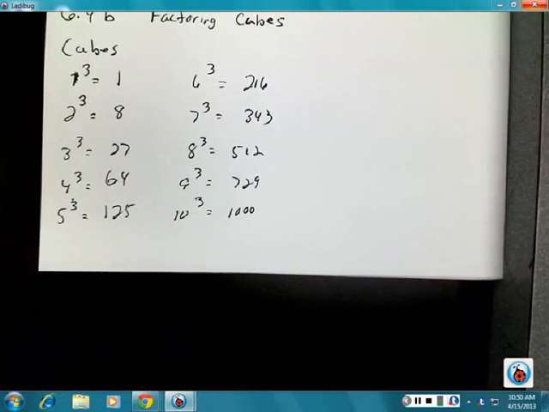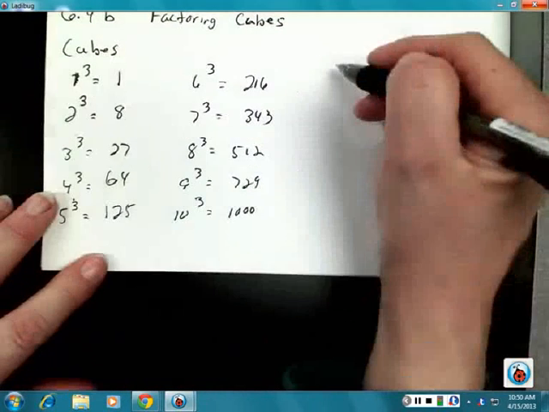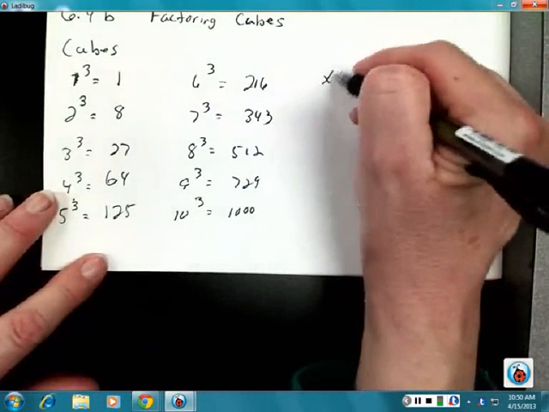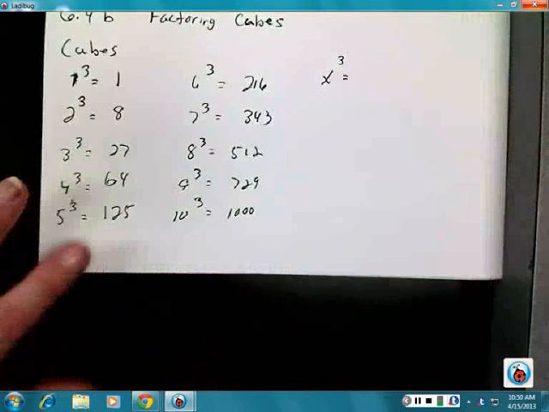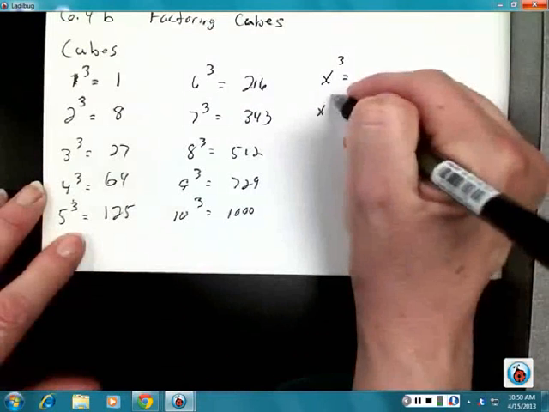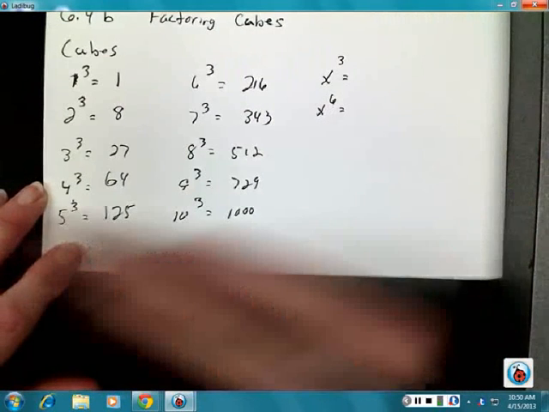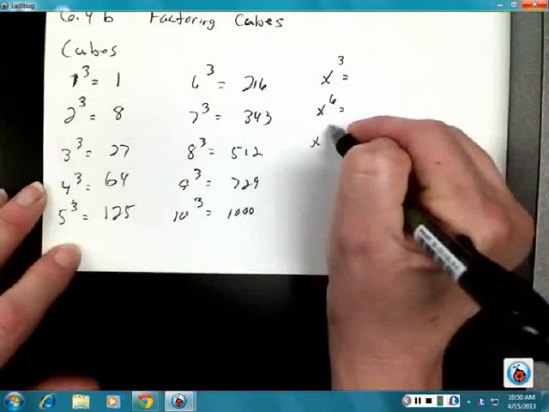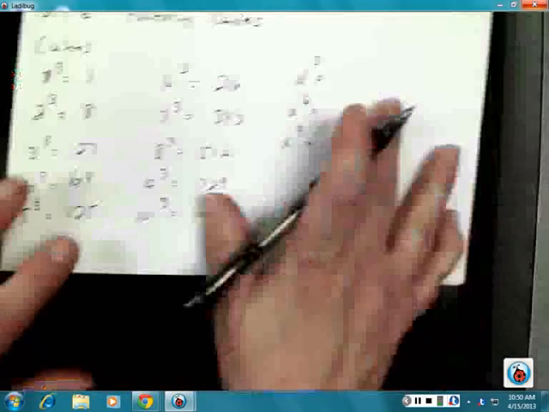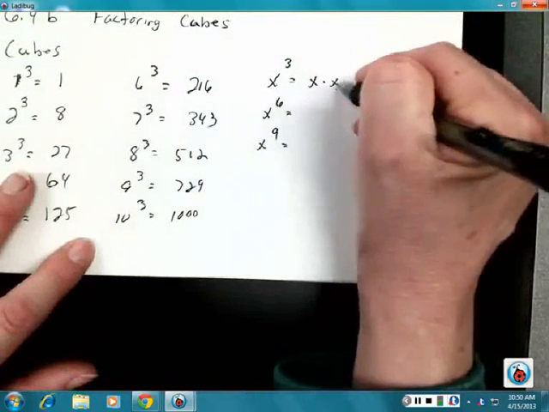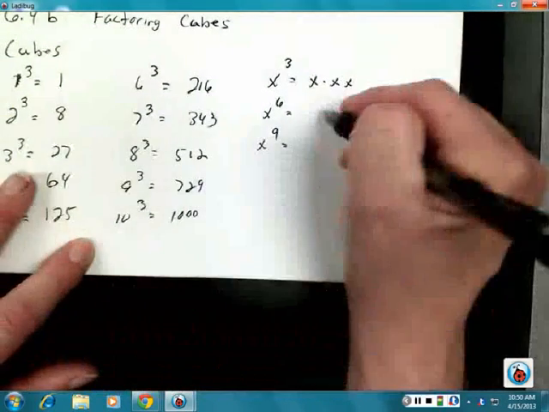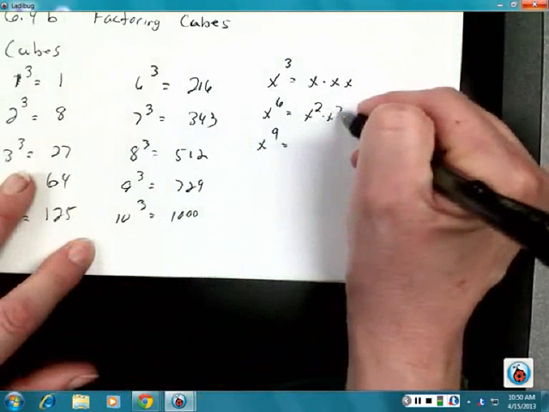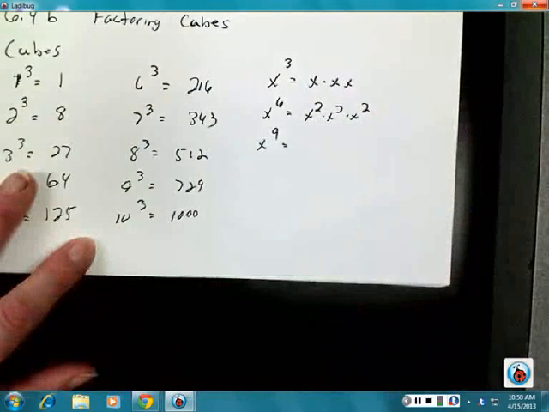because our bases are what we need to fill in our formulas. If you have a variable in its cube, it will be x to the 3rd power, x to the 6th power, x to the 9th power. Because if I break this down, that's x times x times x. X to the 6th is x squared times x squared times x squared.